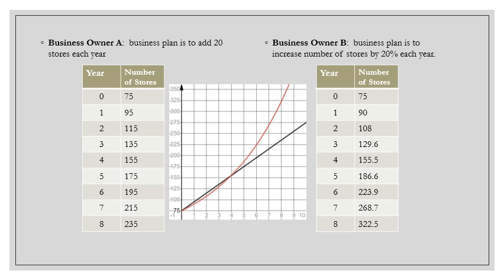Okay, so here it is on Desmos, and I adjusted the scale, so we're going all the way up to 350 now. So again, you have linear growth, in black, versus increasing by 20% each year, which is an example of exponential growth. It is slower in the beginning, but once you take off, you really take off if you have exponential growth.